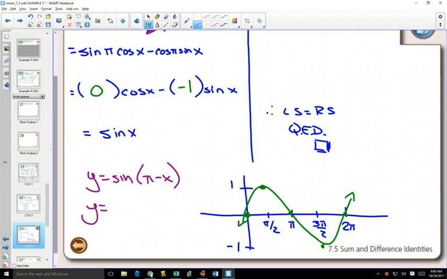Now, graphing sine of pi minus x, normally we don't have the shift before the x. So are you okay if I rewrite this as negative x plus pi? Can you see that that's the same as pi minus x? What's the plus pi going to do? Shift it pi to the left.